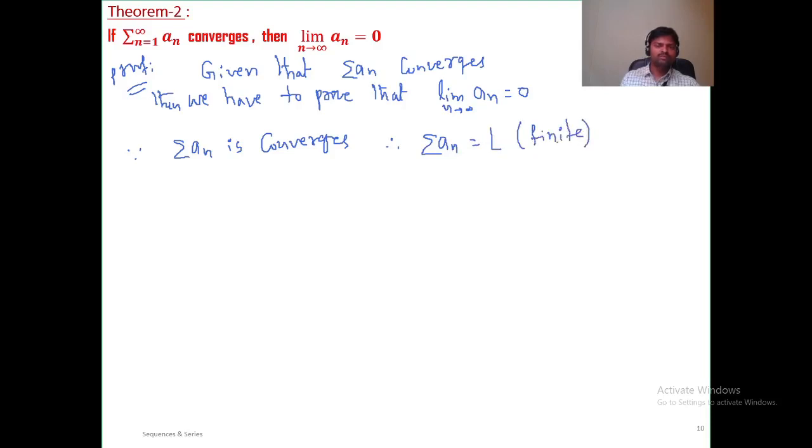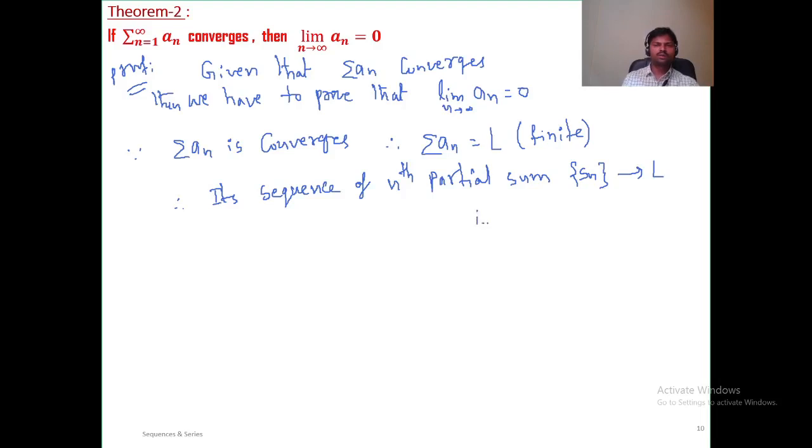Sum of all the numbers is L. Okay, so now once the series converges, therefore its sequence of nth partial sum Sn is also converges to same number L. Why? Because series converges to L, therefore its sequence of nth partial sums converges to L.